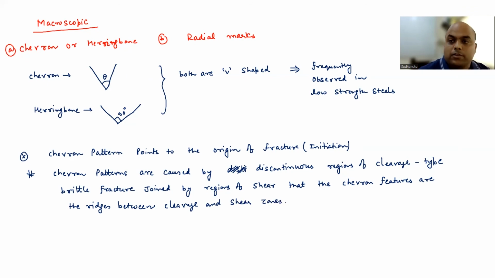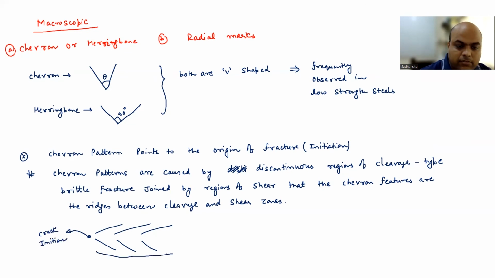Okay, so when you see a chevron pattern, let me just draw the schematic. You have initiation and then you are going to see chevron patterns like this on the fracture surface. So this is crack initiation here, and then these are your chevron patterns. And remember, this is happening during growth.